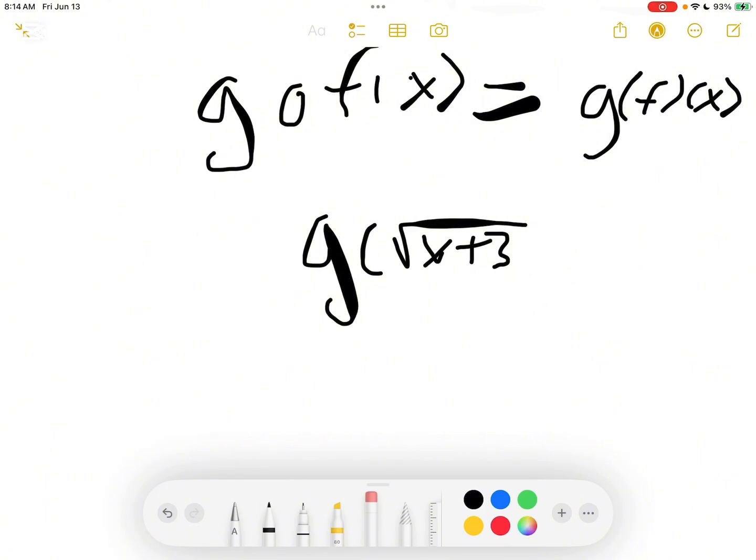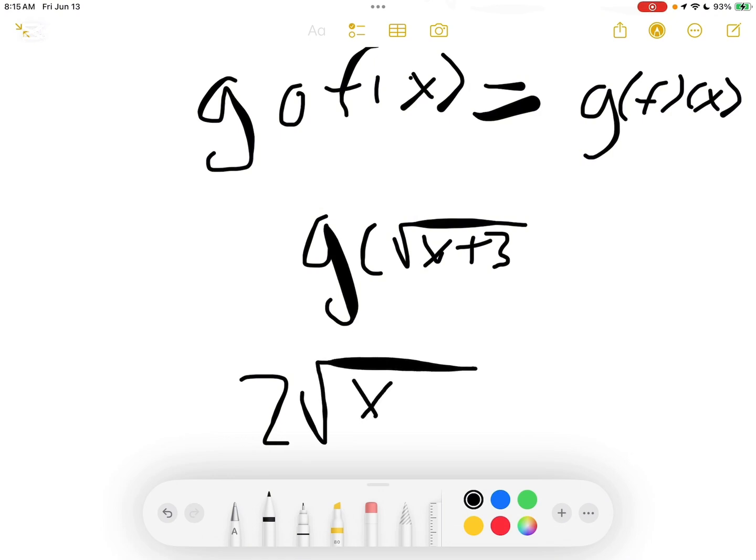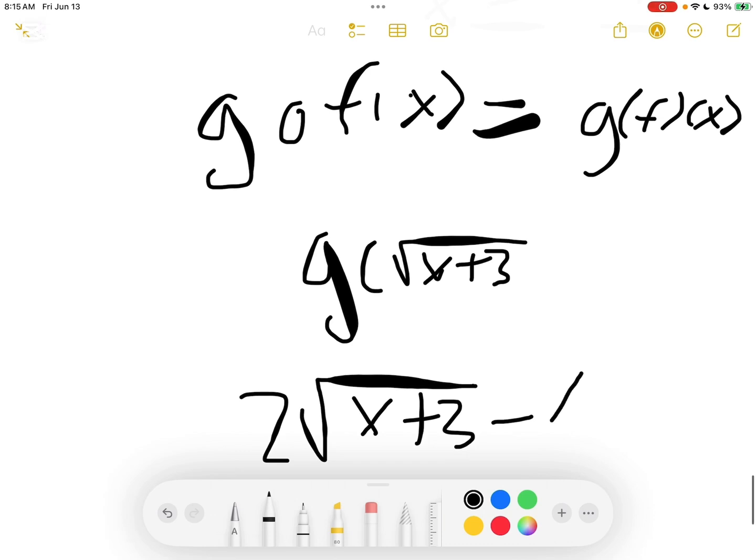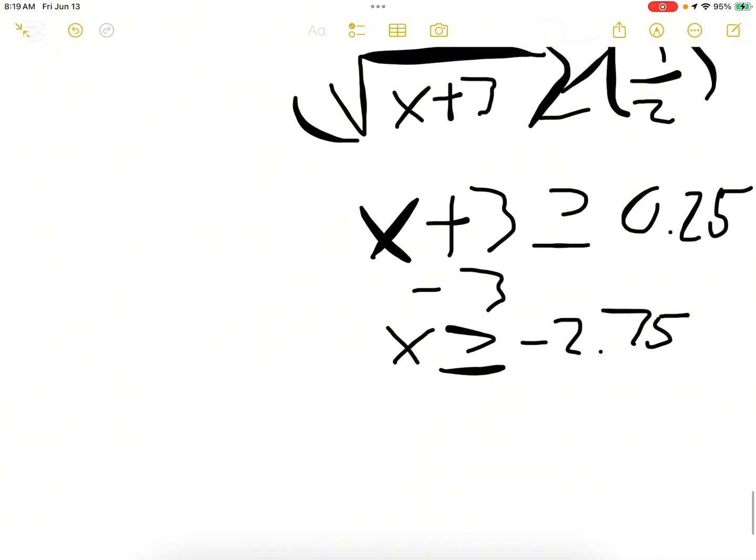So now this square root x plus 3 will replace where the x was. So if we had 2x minus 1, it is now 2 square root x plus 3 minus 1. And there's no like terms to combine here because this is inside the square root and this is outside, so these aren't able to combine.